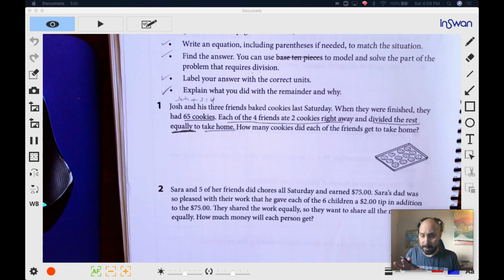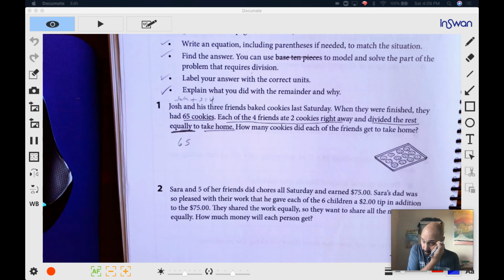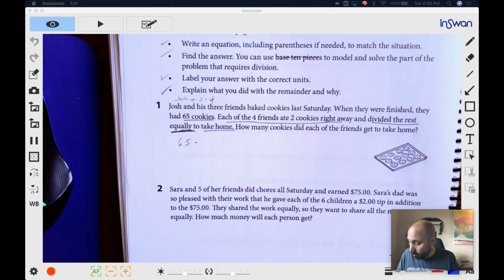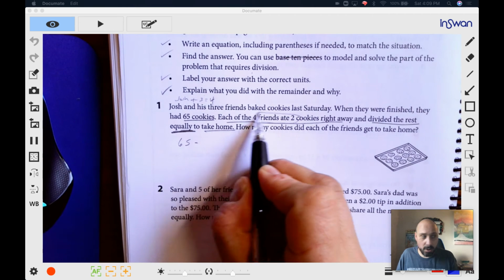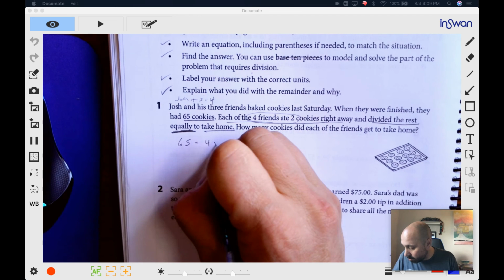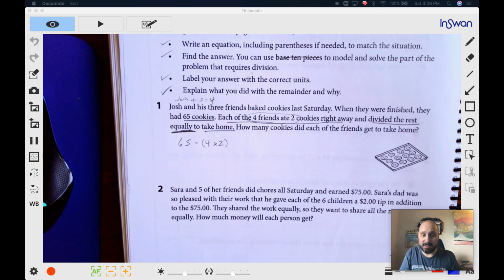So here's how the equation would look. We're starting with 65 because that's how many cookies we have total. Then we're going to subtract what they ate right away, which was the 4 times 2. So I'm going to write 4 times 2. So we're subtracting the 8. We're taking 65 minus 8 because they each ate 2.